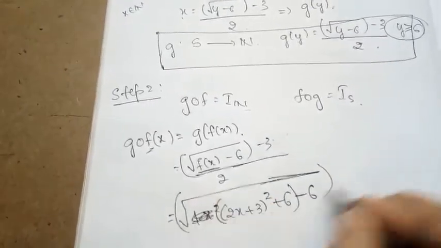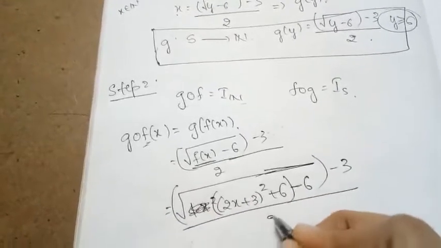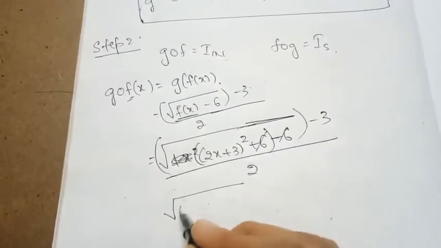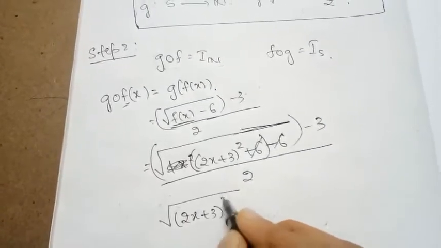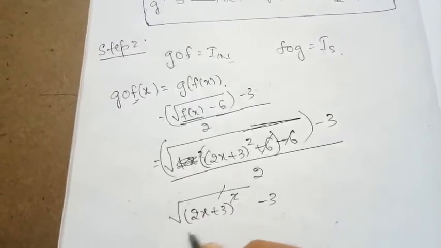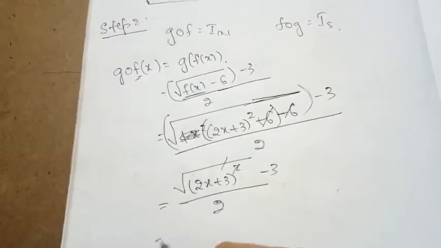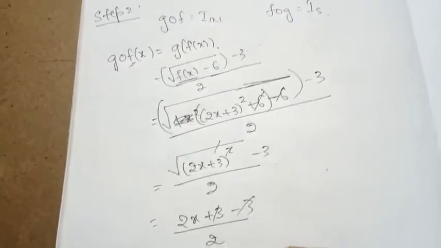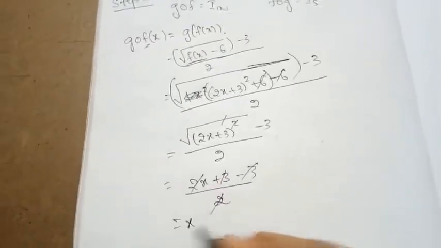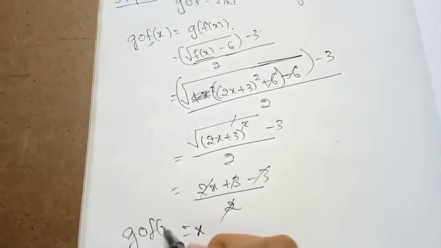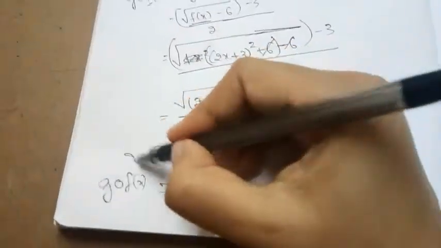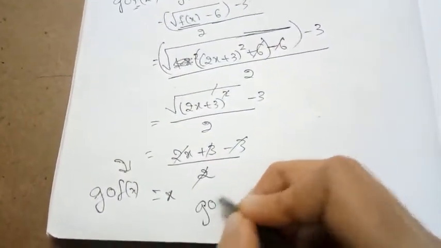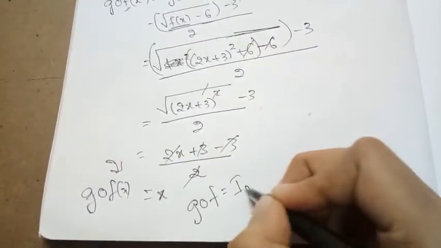After that what? Minus 3 divided by 2. Here plus 6 minus 6 gets cancelled. After that square root of 2x plus 3 whole square, this root gets cancelled by the square. It is nothing but what? 2x plus 3 minus 3 divided by 2, plus 3 minus 3 gets cancelled, 2 gets cancelled, we are going to get x. So gof of x is equal to x itself. What we have inputted, we got the same element as an output where x belongs to the set of natural numbers. So gof is equal to I_N.